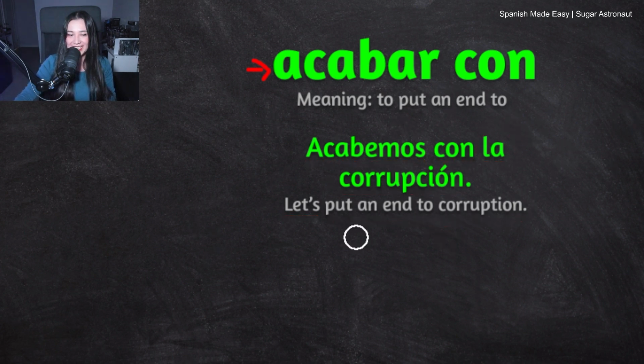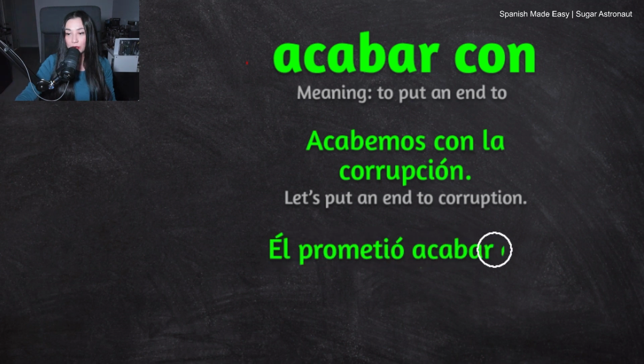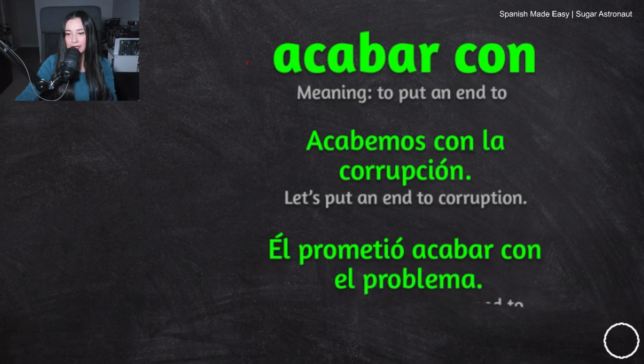Interesante, muy interesante. Now, let's look at the next example. Él prometió acabar con el problema.